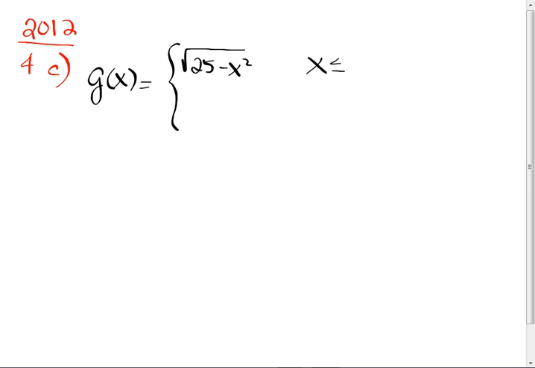It says g of x is equal to f of x. Well, f of x is this. Does anybody know what that graph looks like? Yeah, it's a circle. And here's x plus 7.